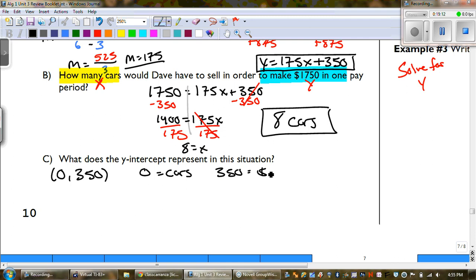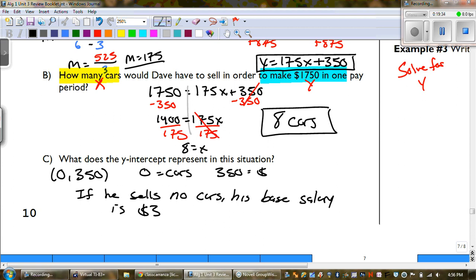So what that means is if he sells no cars, his base salary is $350.